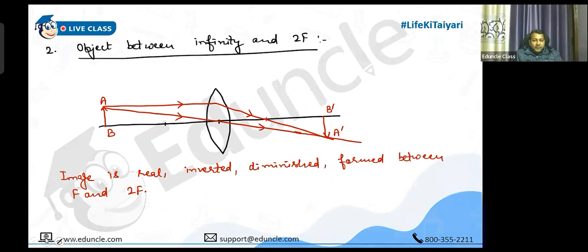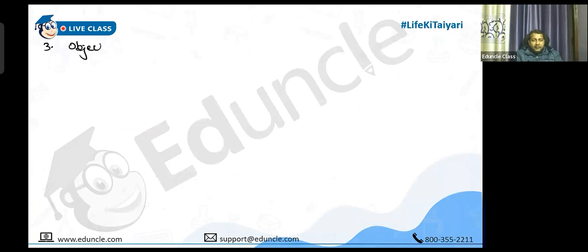Okay. Now, third case is object at 2f. Let me mark. This was f. This was 2f. This is focus. Object. I forgot to number the pages.